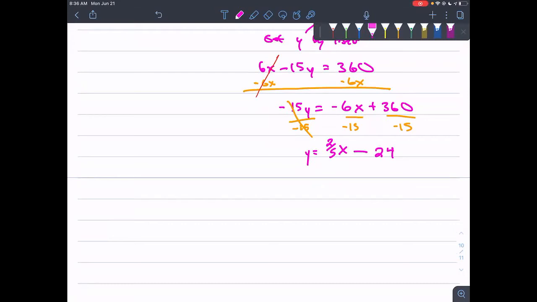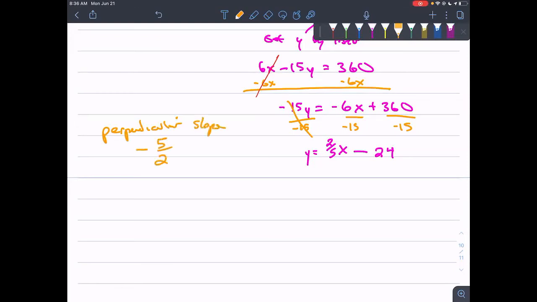So if they wanted parallel slope, this is the only important number, the number in front of x, that's the slope. If it wanted parallel, we'd say 2/5 for the answer. Since it wants perpendicular on this one, we're going to flip it and change the sign. So 5 over 2, and then it's negative.